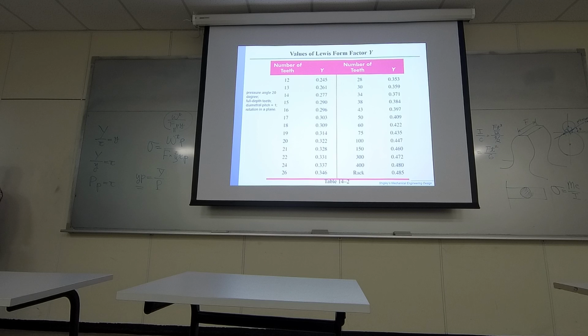So here, the book already provides the capital Y for different numbers of teeth. Okay, and this is basically for pressure angle 20 degree, so-called full depth teeth. So the entire tooth has a complete depth. And this is for diametral pitch equals 1, and it's rotating against a rack. So this parameter right here, I got it from the textbook.